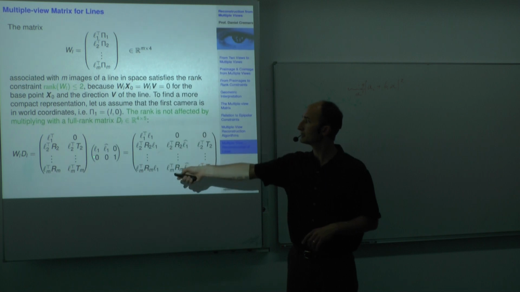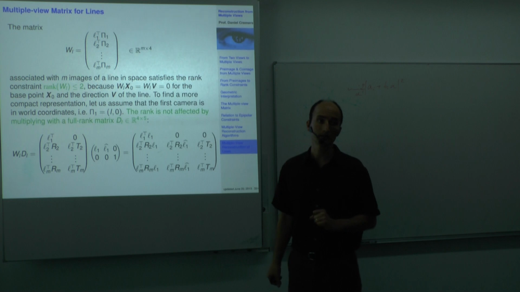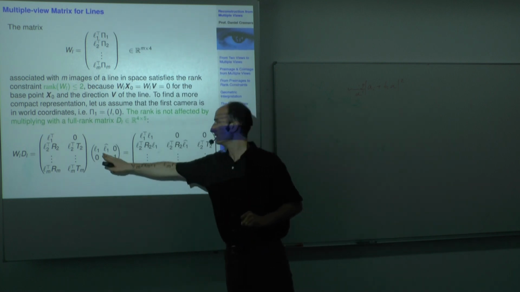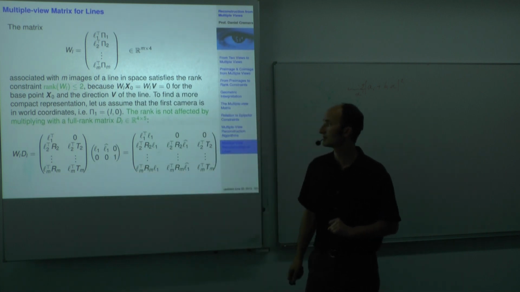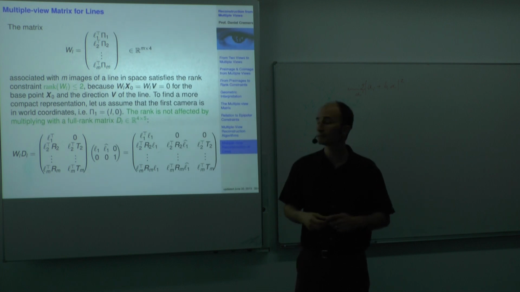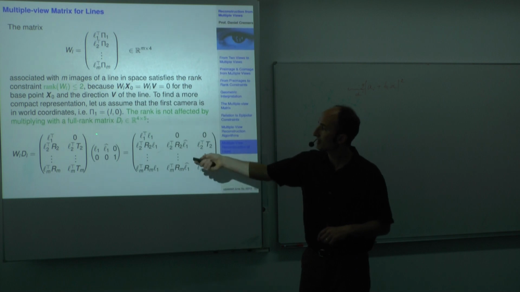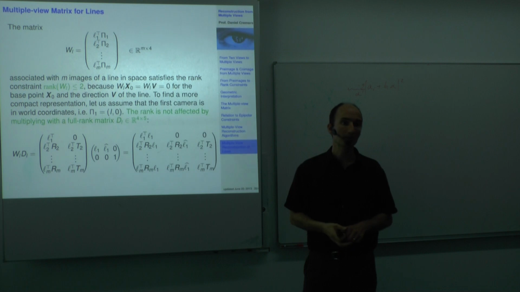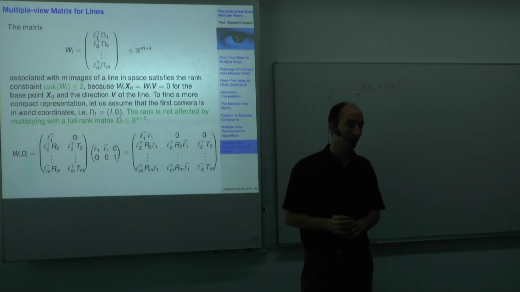And this matrix in particular is full rank, because this is rank 2, this is rank 1, and this is another rank, so it has rank 4, and since it's a 4×5 matrix, that means it's a full rank matrix. And that in particular means that the rank of this product is still the same as the rank of WL itself, because multiplying a matrix WL with another one that is full rank does not affect the rank.